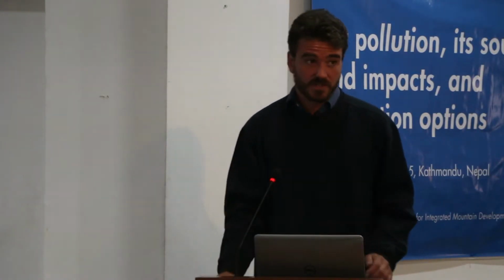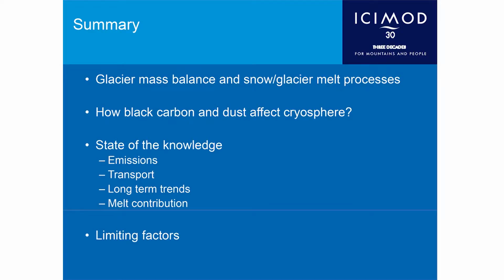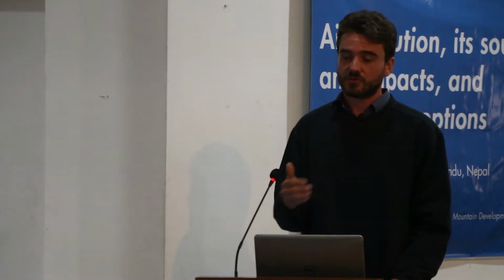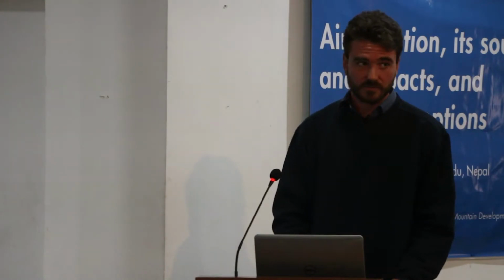And then I will talk a little bit about the state of the scientific knowledge about all this: the emissions, the transport of the pollutants, the long-term trends that have been measured for the concentration of black carbon, and what we know about the contribution to the melt of snow and glaciers. And then I'll talk a little bit about some limiting factors.